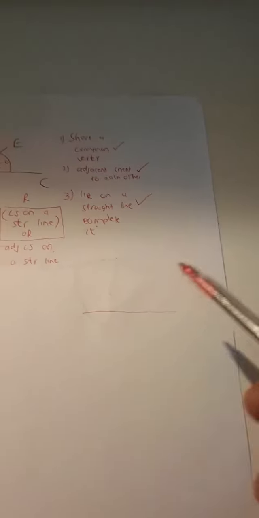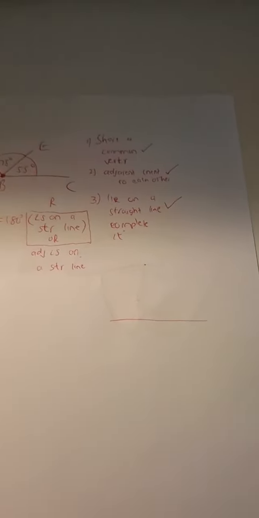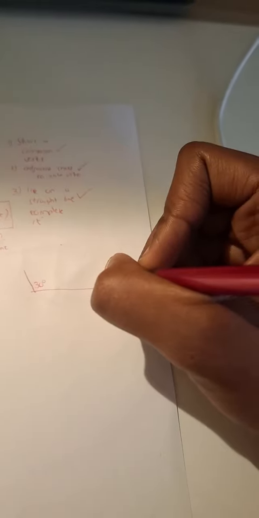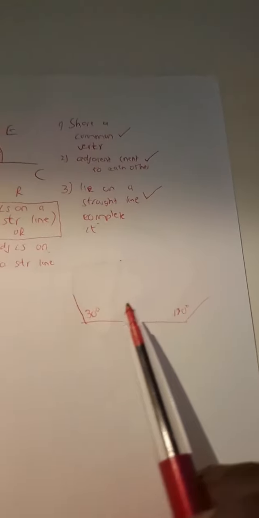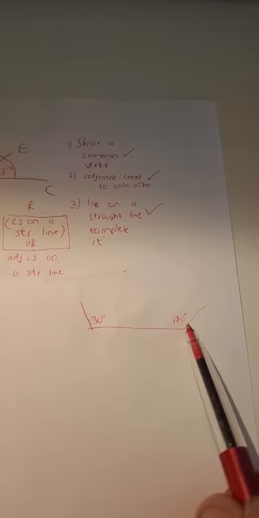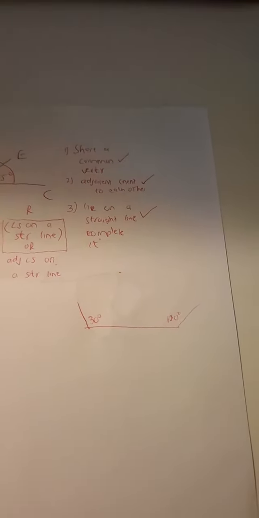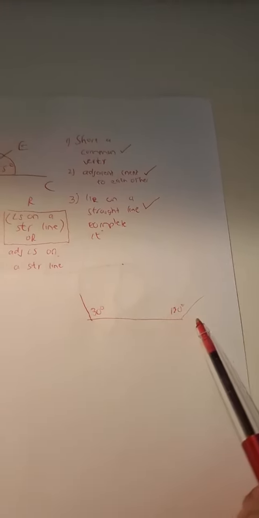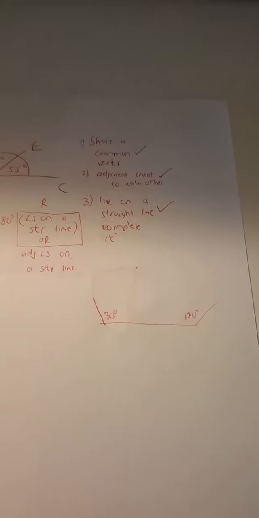Angles on a straight line, sometimes the error that learners make is that they just think as long as it's angles on a straight line, then it's fine. But here's the thing, I've seen learners do the following. Let's say you have an angle here, let's say this is 30 degrees, and then you have an angle here, it's 120 degrees. Learners think that if you take 30 and 120 and add them together, it should be 180 degrees, because these angles are on a straight line. And I'm saying, no, it can't be.